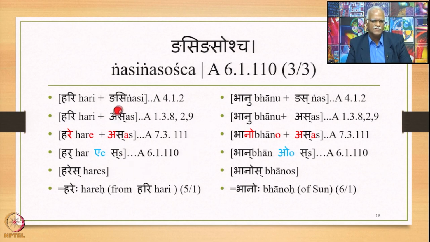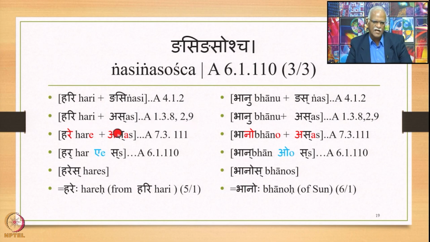So, Hari plus Ngasi, Ngasi is added by 4.1.2, then we have Hari plus As, so the markers are removed. Ng by Lashakvatadhite, I by Upadeshe Ajanunasika it, 1.3.8 and 1.3.2, and then they are deleted by Tasya Lopaha 1.3.9.